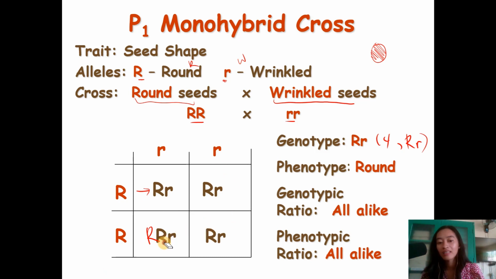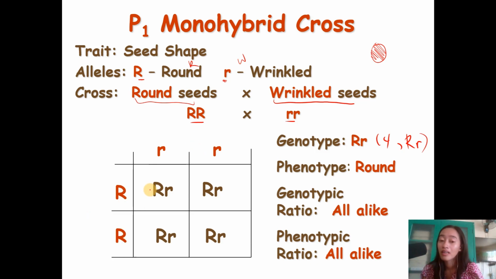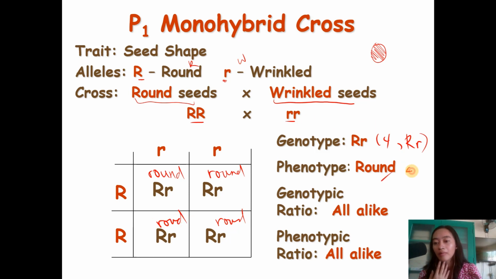You'll also be asked to describe what the resulting phenotypes are. For example, this one is heterozygous, and the dominant big letter shows up, the dominant really comes out. So this one will be round, this one round, this one round, round. So all round, all four are round. Then genotypic ratio. You will be asked to write the genotypic ratio. You may say all alike, but in other exercises, you'll be asked to write the actual ratio.